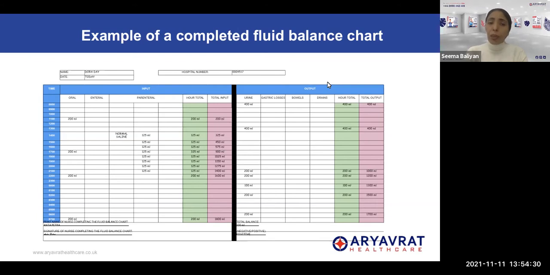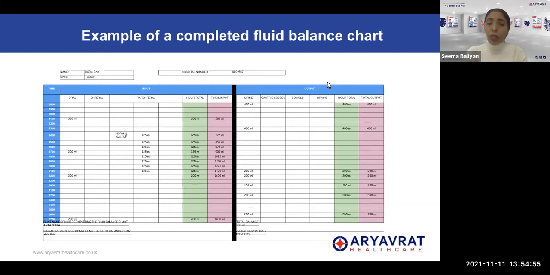Then for the parenteral one, normally you are going to get that the patient had 1 liter over 8 hours, or the patient had 500 milliliter of saline over 6 hours. So in this case, you will need to divide the 1 liter into 8 hours or 6 hours or whatever time span they have given.